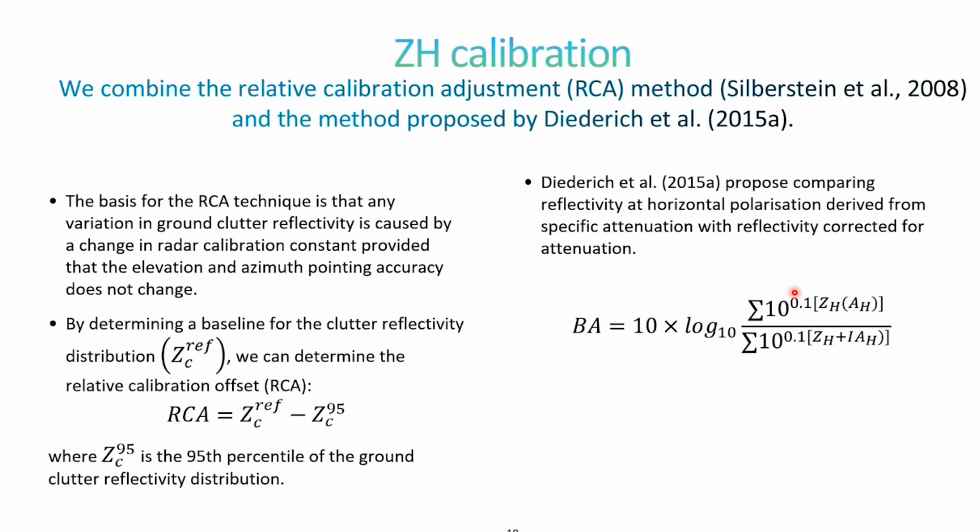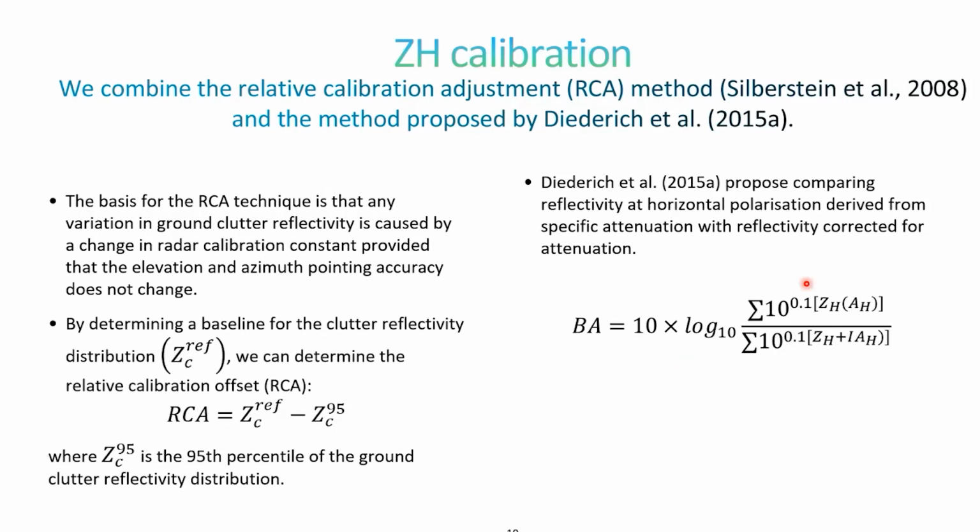So, as you can see in this equation, we have to determine a baseline for the clutter reflectivity distribution. In the RCA method, we have to compute the 95th percentile of the ground clutter reflectivity distribution.